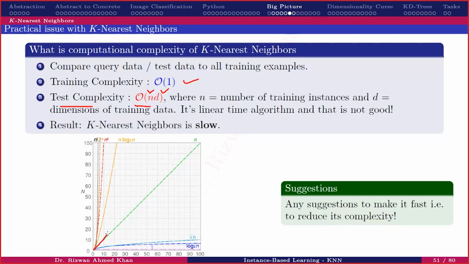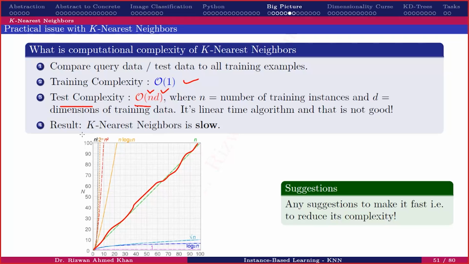And if we plot this linear curve, it goes like this. It means that if we have more data, then our classifier complexity is increasing, which is not good. It should be independent of the number of points because in machine learning, we are looking for more data points to have a robust classifier. But here, once we start adding data to our model, this classifier will have a very late response. So this is not good. It's linear in the number of samples and their dimensions.